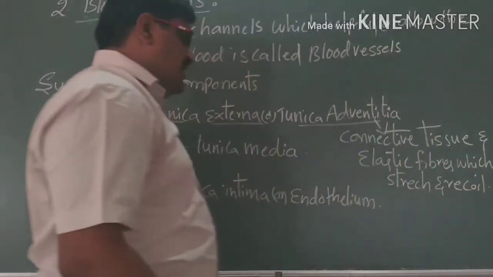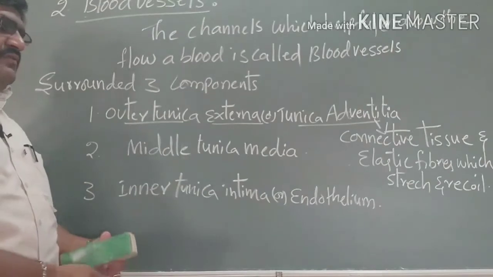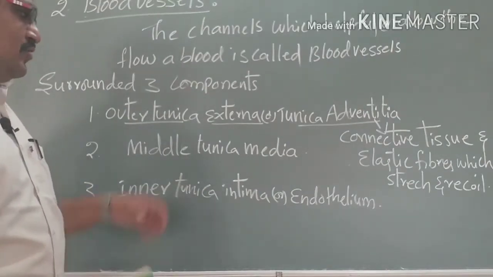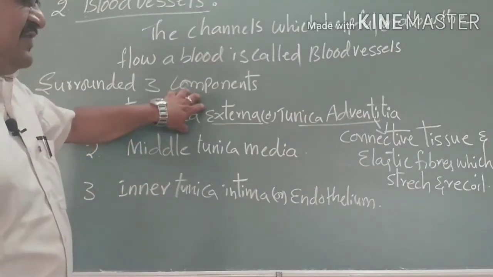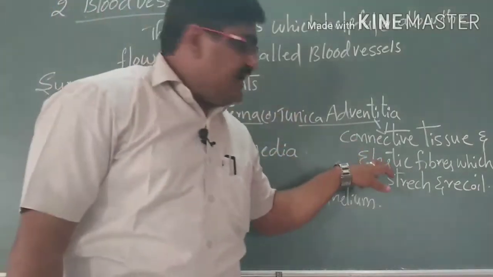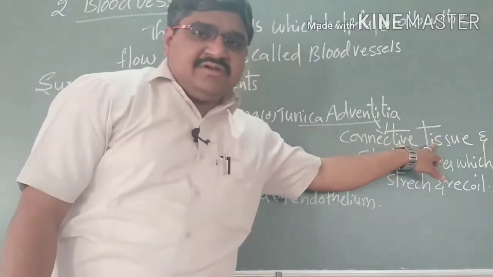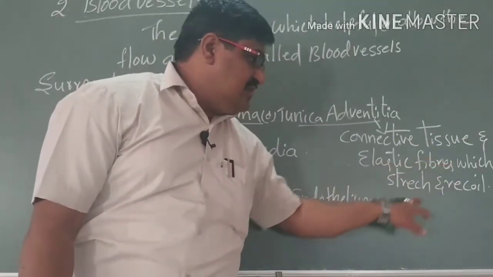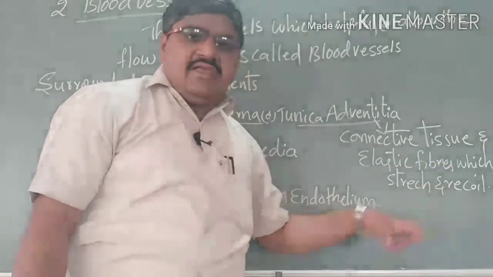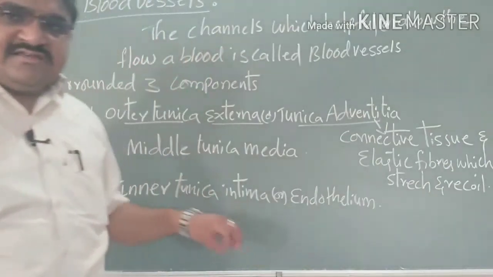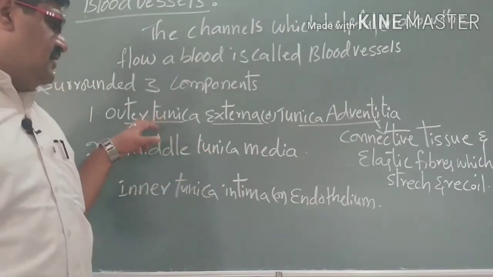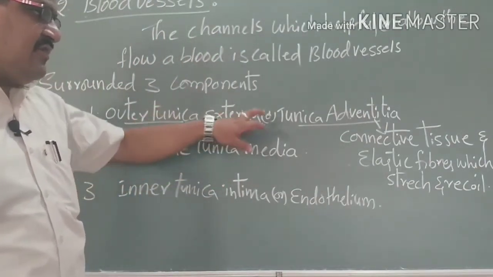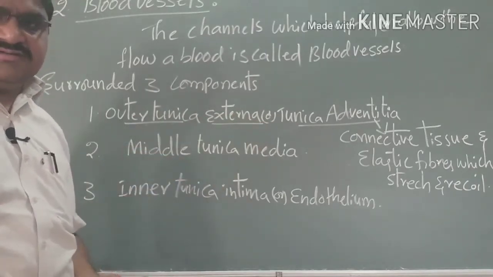This is the outermost layer of the blood vessels, where connective tissue is present, along with elastic fibers, which allow stretching and recoiling to take place. Such a layer is called the outer tunica externa, or adventitia.